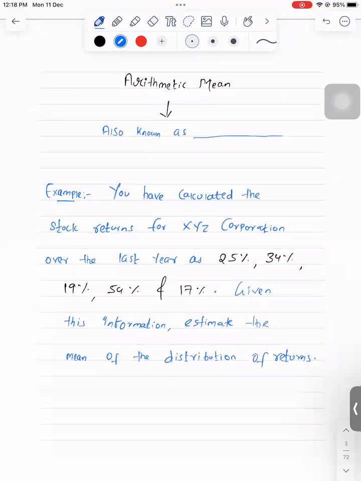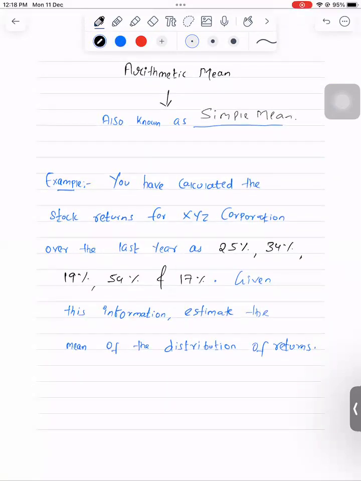See, the arithmetic mean is also known as the simple mean. We have already learned in school days how to calculate an average or arithmetic mean. So this is the data set given to you. Can you please try to calculate the arithmetic mean and tell me the answer? What will be the answer?